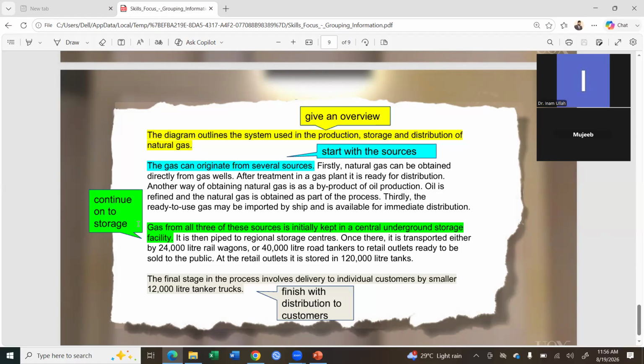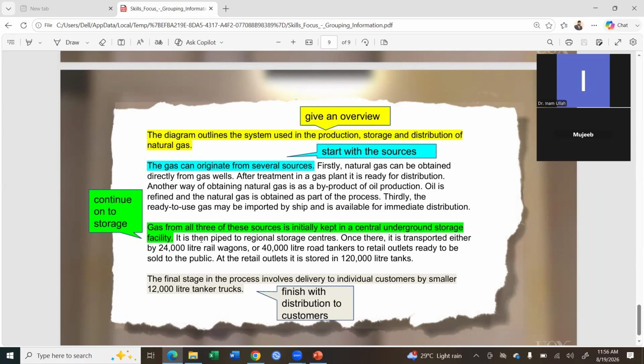Now, from the sources, we are coming to the storage. Could you please read this paragraph? The greener one. Gas from all three of these sources is initially kept in a central underground storage facility. It is then piped to regional storage centers.